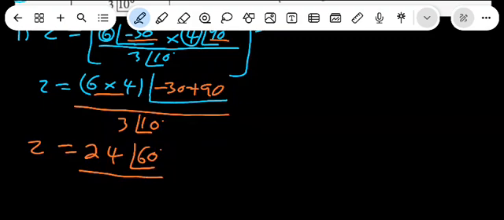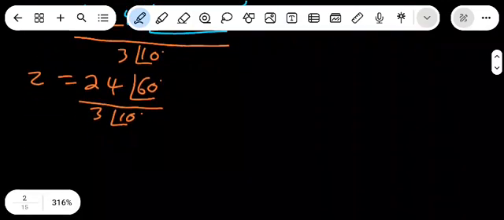Divide this by 3 at an angle of 10 degrees.